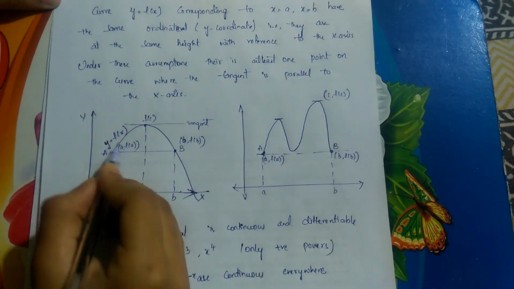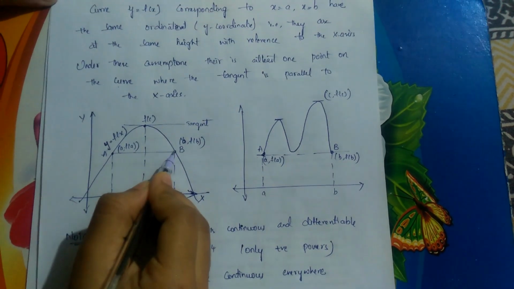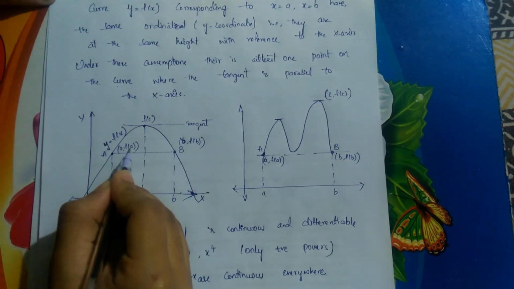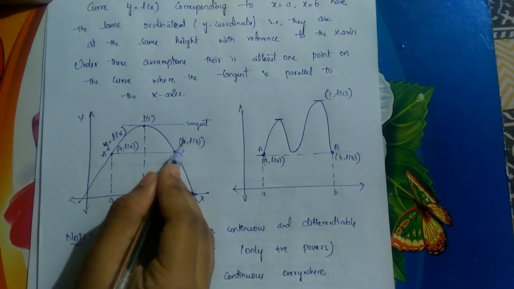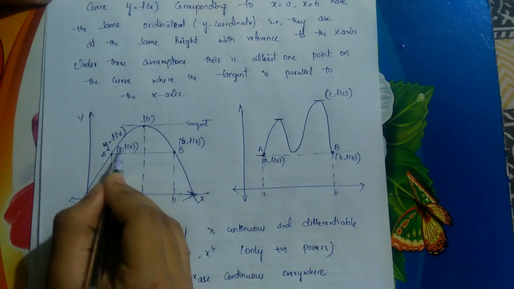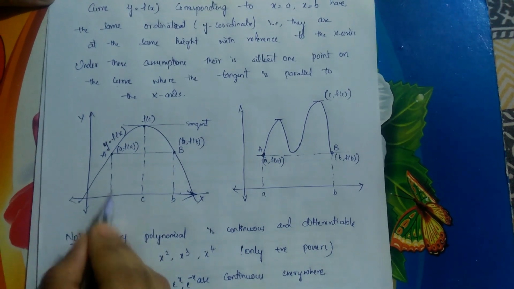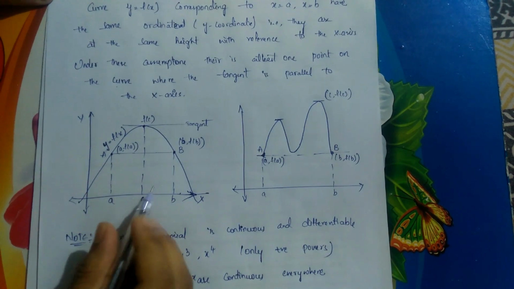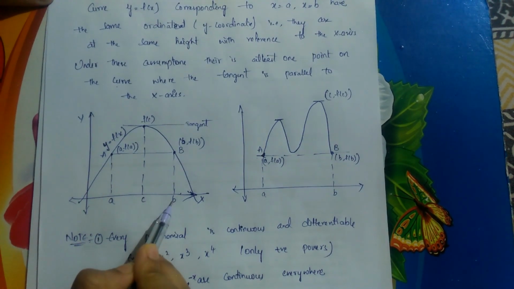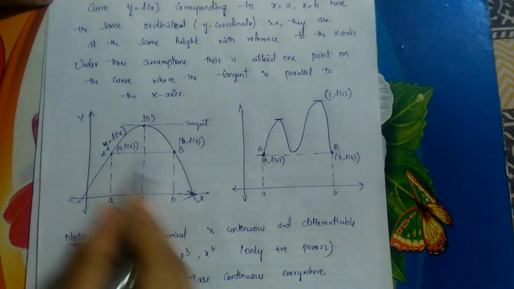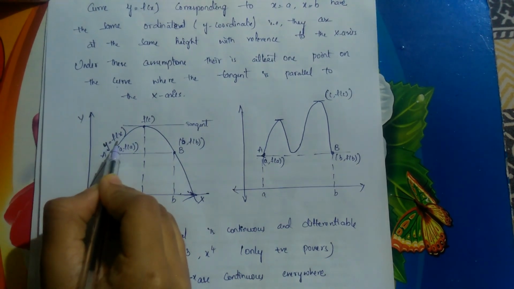Here, if we take two points a and b, let this point be a comma f of a, and b is b comma f of b. The first point is a on the x-axis, and for b, this will be the point b. This is a curve, and this curve is y equals f of x.